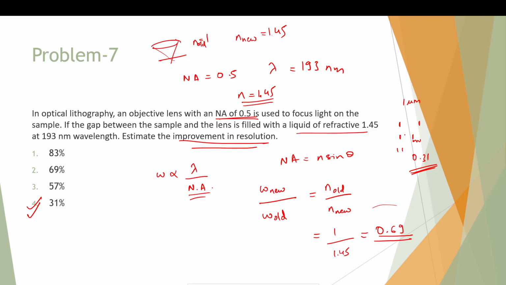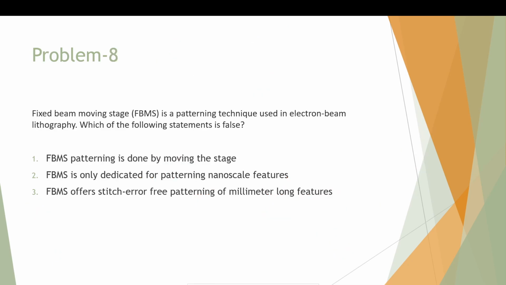So I can now write 0.69 micrometer features. The improvement is nothing but 0.31. So I went down by 0.31. You mean 1 minus 0.69? Yes, 1 minus 0.69. Okay. That's okay, right? Yeah, right. Okay.